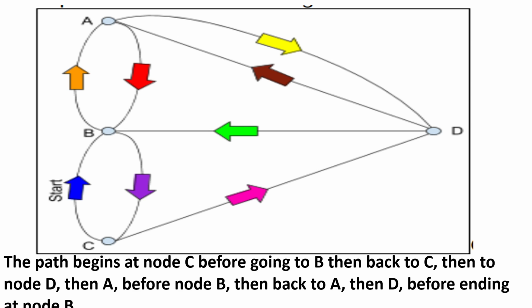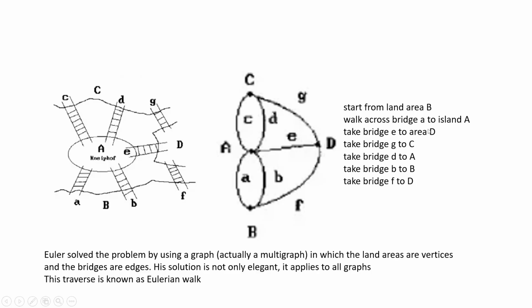We have reached all the points. One more bridge has to be constructed between land areas A and B so that we can traverse all the bridges and visit all the land areas. This is the preliminary solution obtained.